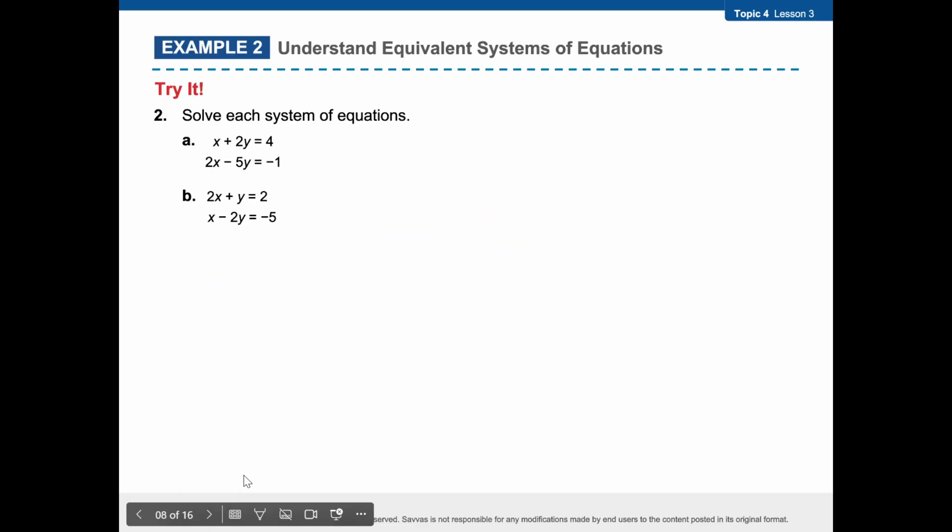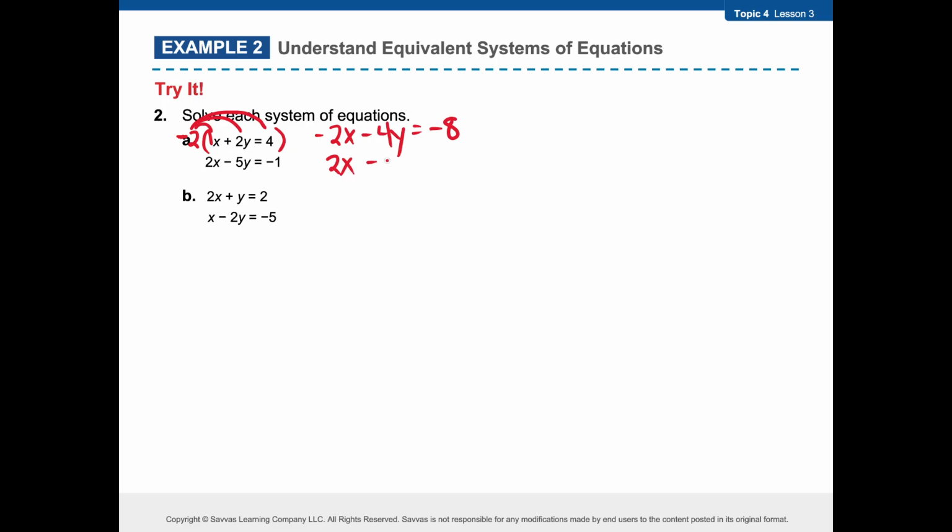You can pause and try these on your own. Letter A, I would probably choose to eliminate the x. I can multiply the top equation by a negative 2. I can put a 1 right here. That makes it negative 2x, a negative 4y equals a negative 8.